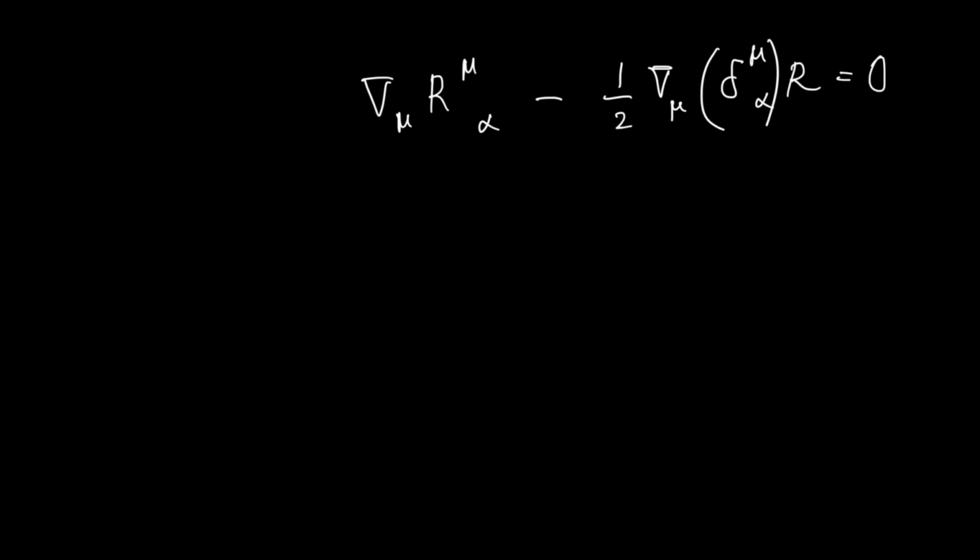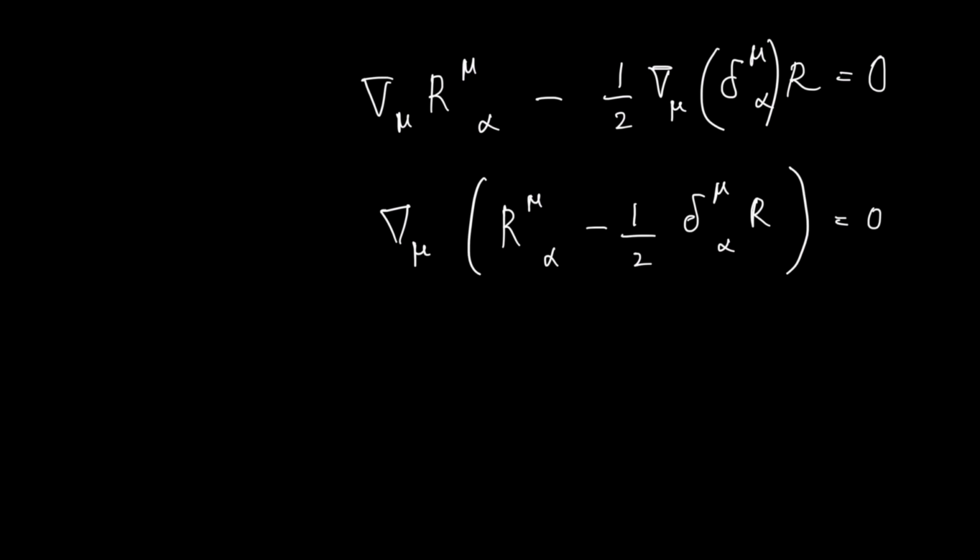So multiplying by unity will not change the equation. Now I can take the covariant derivative common. So that will be R mu alpha minus 1 by 2 Kronecker tensor R is equal to 0.